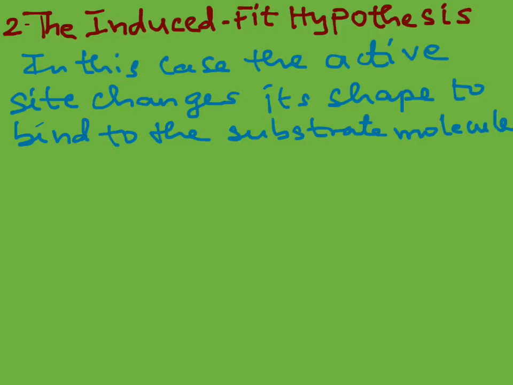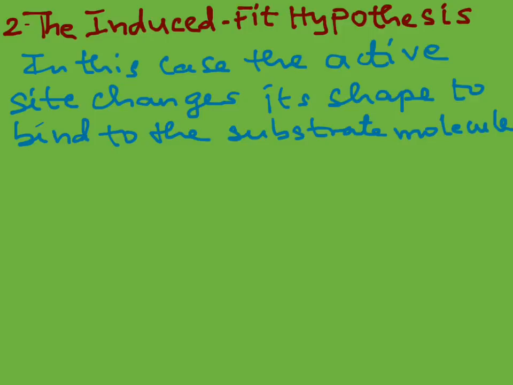What does it mean? This means that at the beginning of this reaction of the induced fit hypothesis, the shape, in other words the structure, of the substrate is not similar to the structure of the active site.